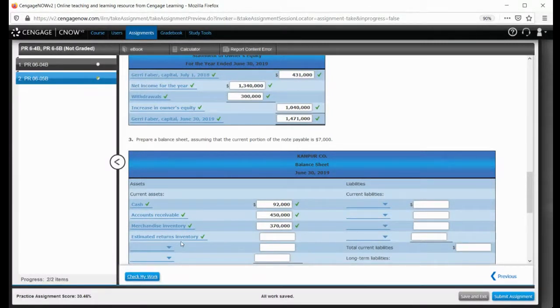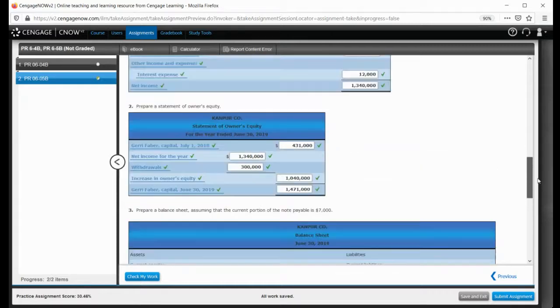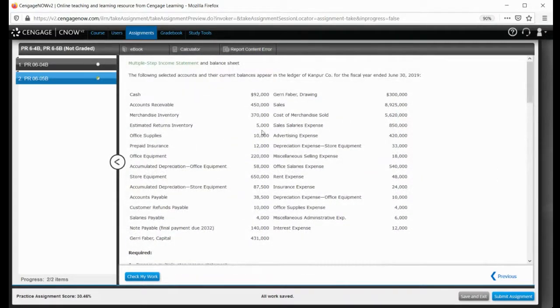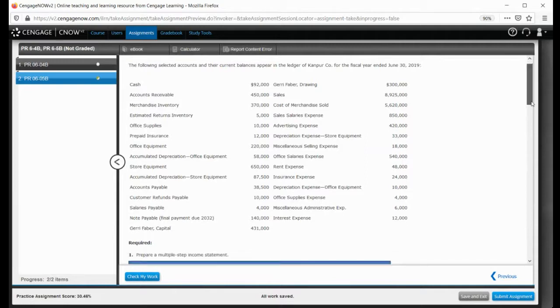It is an asset account because it's an inventory account, and it's a current asset because we expect the customers to bring the merchandise back within the year. The estimated returns inventory amount is $5,000.